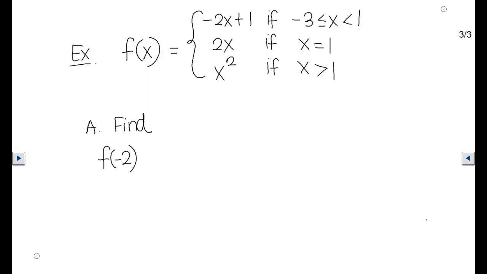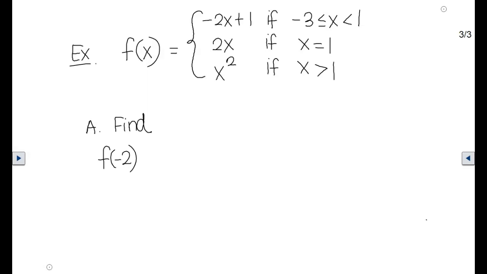Now, here's something else we need to recall about functions. For each specific input that we give the function, we should get exactly one output. So when I put in this specific input of negative 2, I should get back exactly one answer. Now why am I saying that?